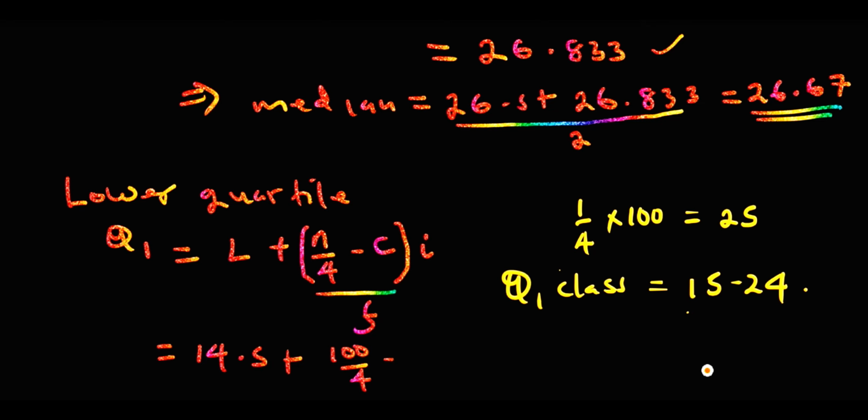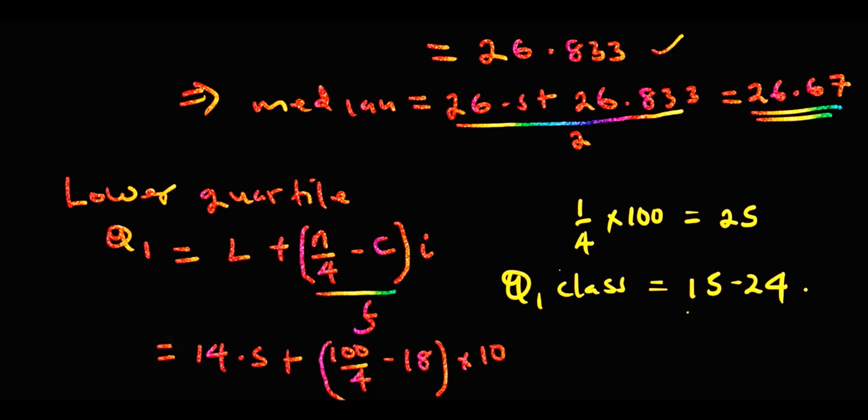And we found that to be 18, because 18 is the cumulative frequency just above the Q1 class. So we just subtract 18. We can close this in a bracket, and then we multiply by the class interval, which we found to be 10. And then we divide that by the frequency of the Q1 class. And we have obtained the frequency of the Q1 class to be 26. If you refer to the table that we have.